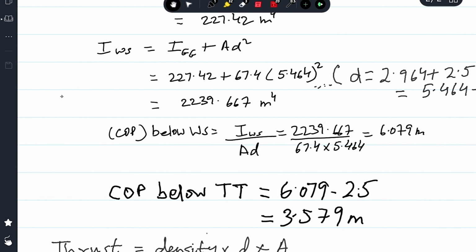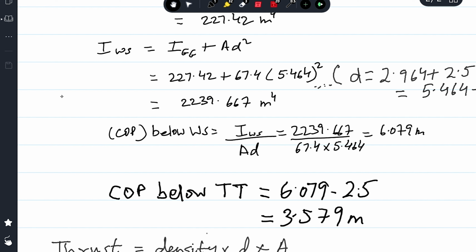The center of pressure will be found below water surface, because the moment of inertia being used in the formula is about water surface. So the depth of the center of pressure also will be found below water surface. So IWS upon AD. IWS is 2239.667 divided by area 67.4, and D is the depth of the centroid below water surface, 5.464, as we found it.